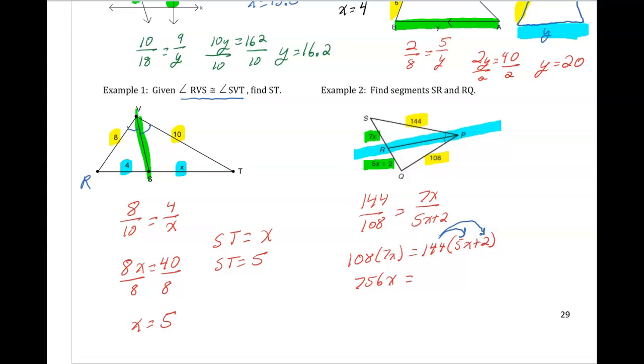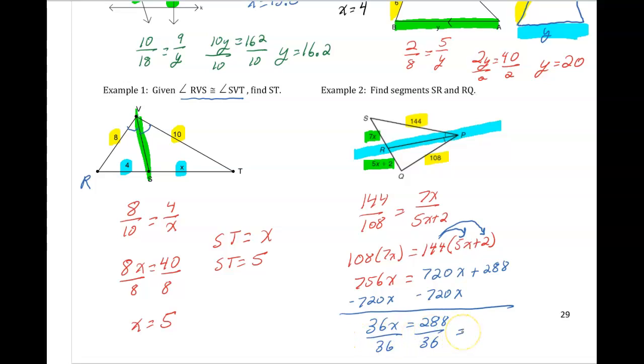So 144 times 5, 720x plus 288. We'll subtract 720x from both sides. And we'll get 36x is equal to 288. Divide by 36. And when you do 288 divided by 36, you get x to be 8.